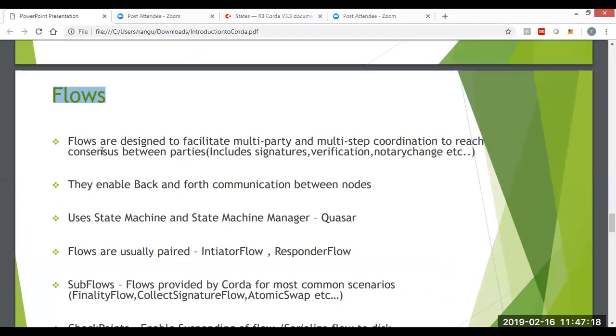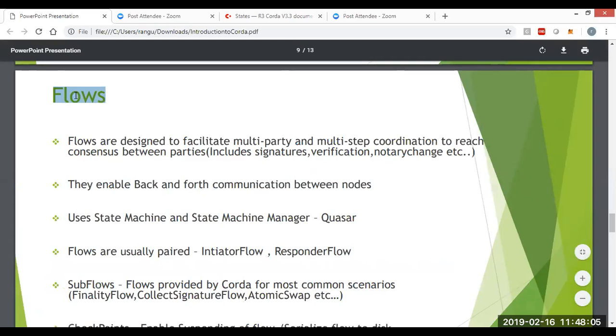For this, step one is that party A should send a transaction to party B with this document, and party B should open the document, and if he agrees, he must send it back to party A. So there is to and fro communication between party A and party B, and the waiting time until party A receives the document back from party B is all taken care of by Corda via flows.